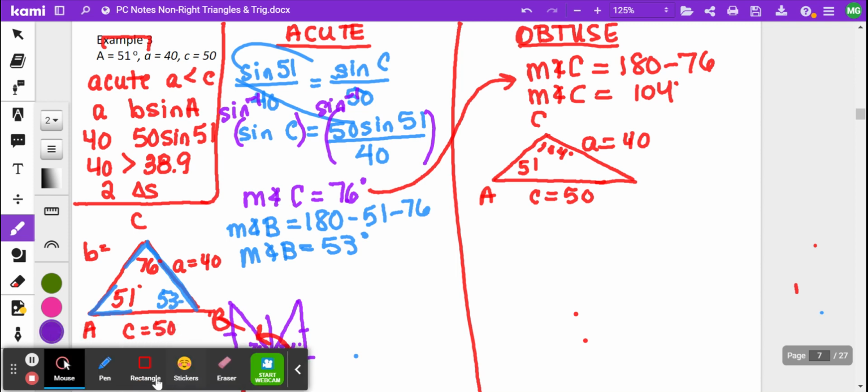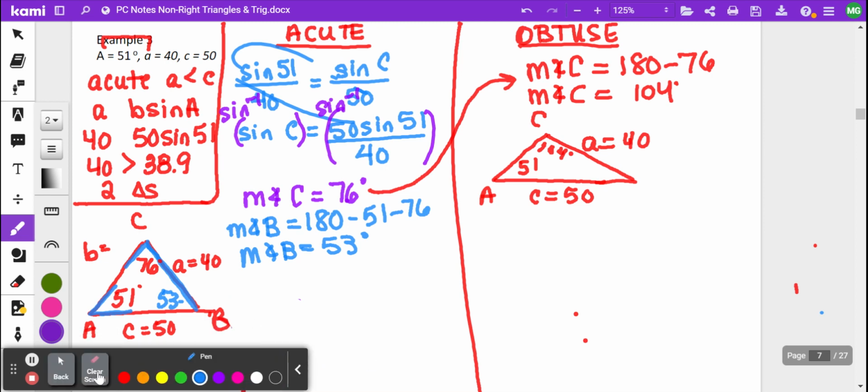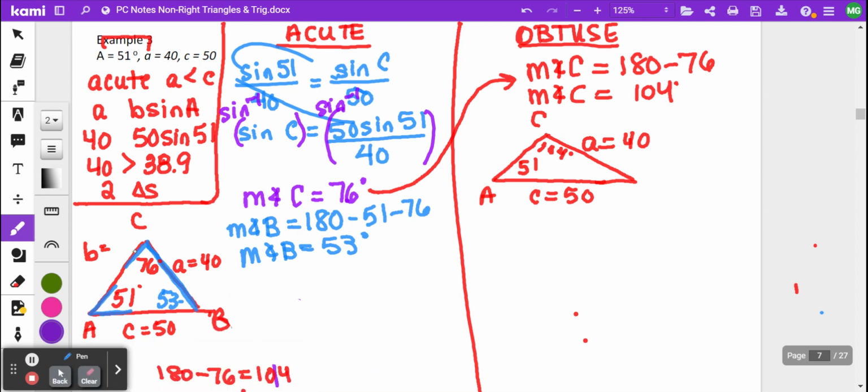And now we'll go right back to law of sines to calculate the remaining side, which is B. As I always tell you, go back to what you were given at the beginning.